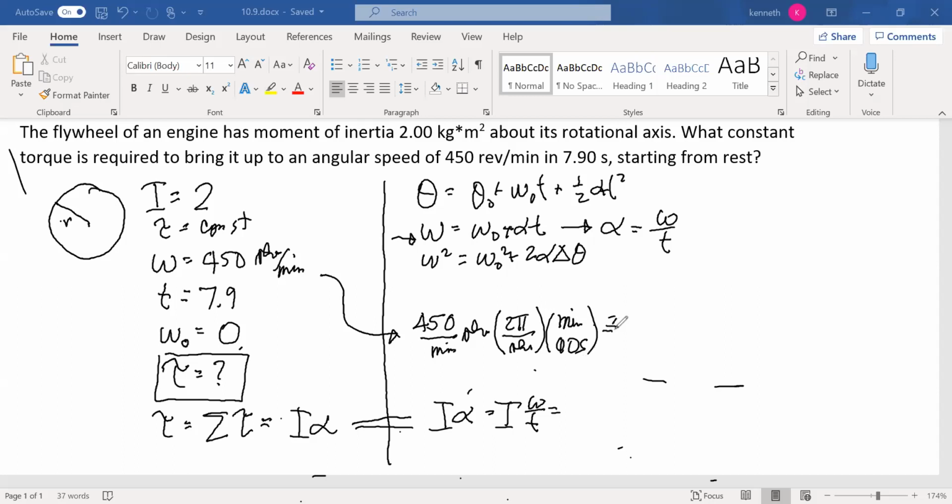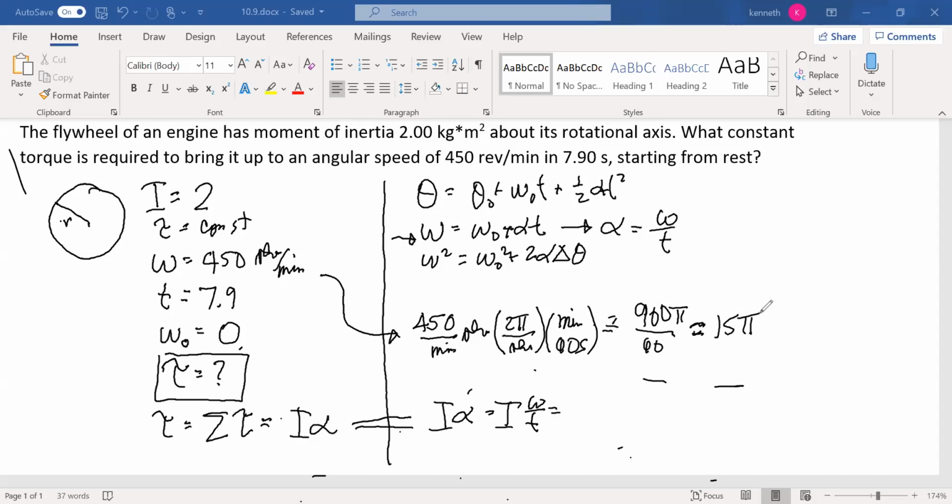When we cancel things out, it gives us 900 pi over 60, exactly 15 pi.